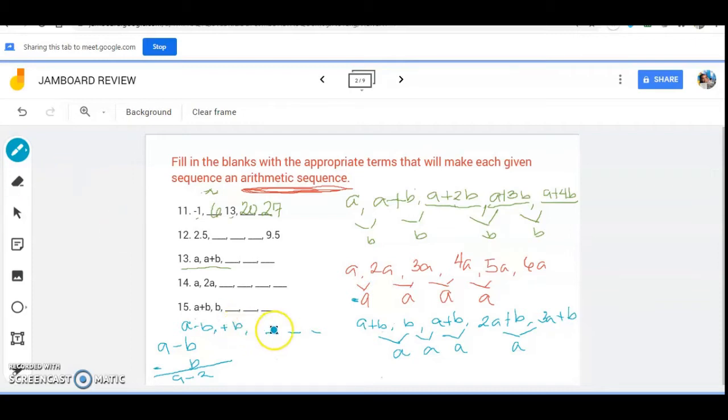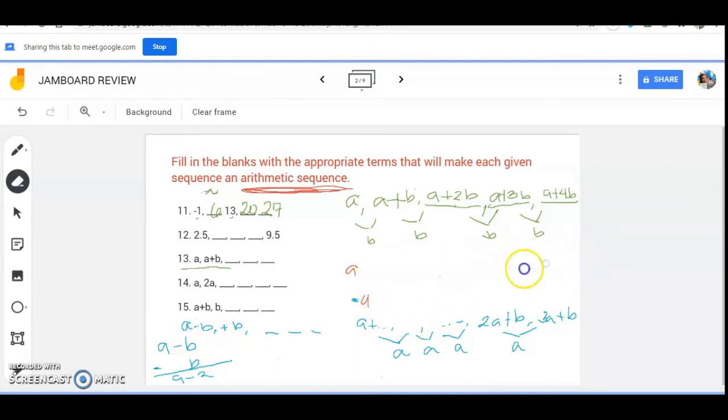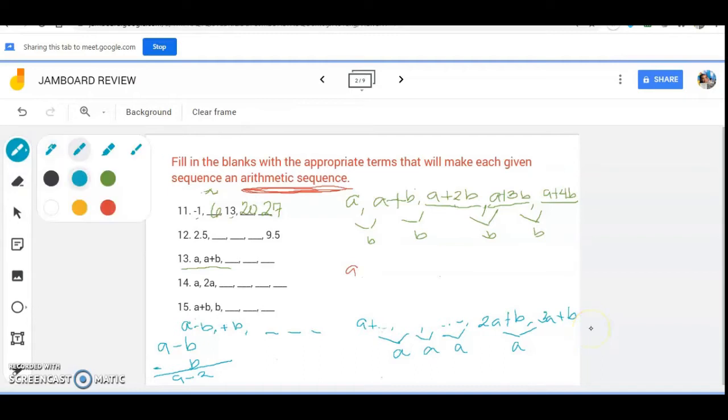Oh, let's make another. Burahin ko saglit to. Okay, halimbawa, ang common difference natin, ito yung pattern natin. Okay, for example, our pattern is A, 0, and then, what is the next number? Sabi natin, pag common difference, we have to subtract.